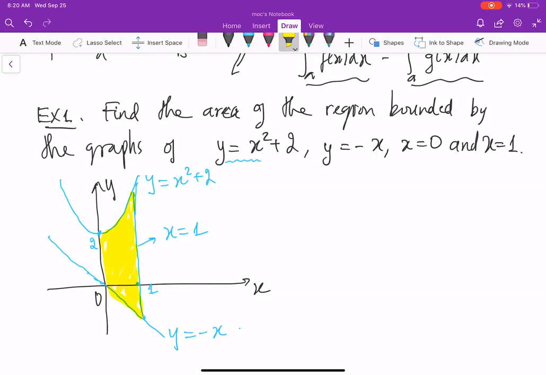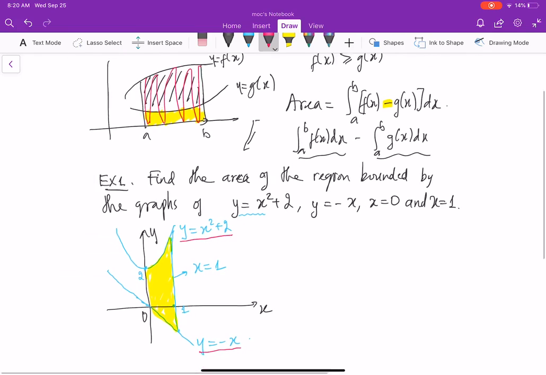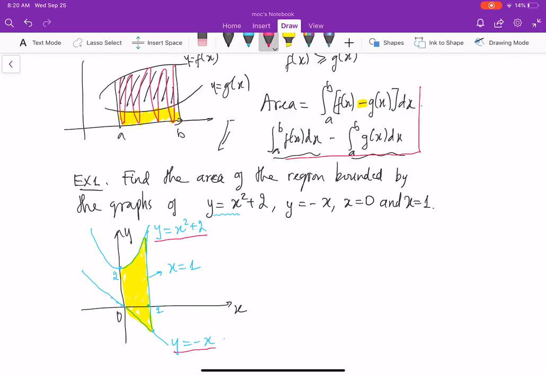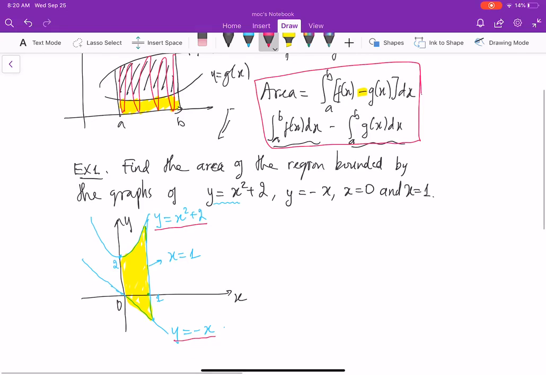Okay. So you see, in this situation, the graph of this function is above the graph of this function, right? So we can use the formula right here to find the area.